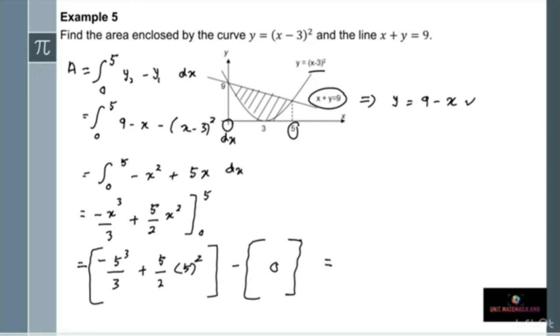So press your calculator correctly. We should have 125 over 6 units squared. Done. Example 5.